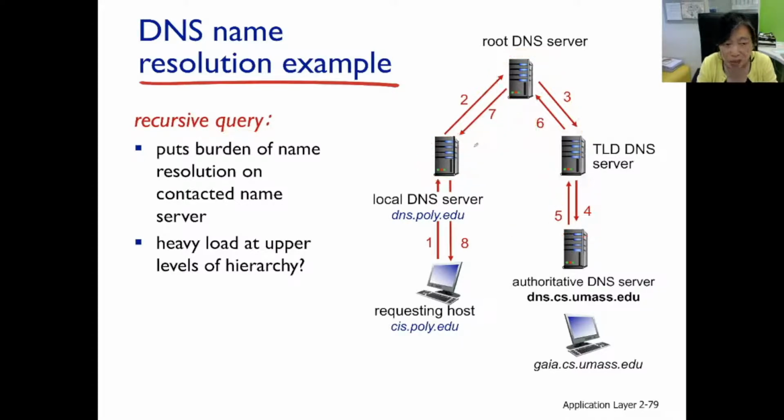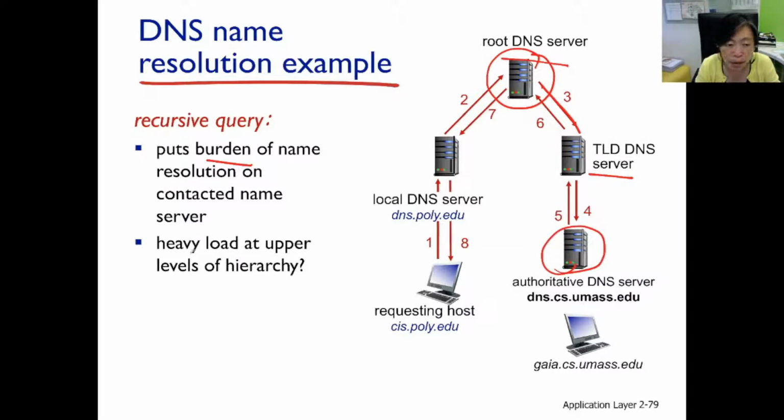Right? Can you see an issue with this? Yeah, so this way of querying puts burden on name servers that are high up in the hierarchy. There's going to be a lot of queries coming to the root, and there's going to be a lot of queries coming from the root to the TLD, although the load on the authoritative DNS server remains the same.